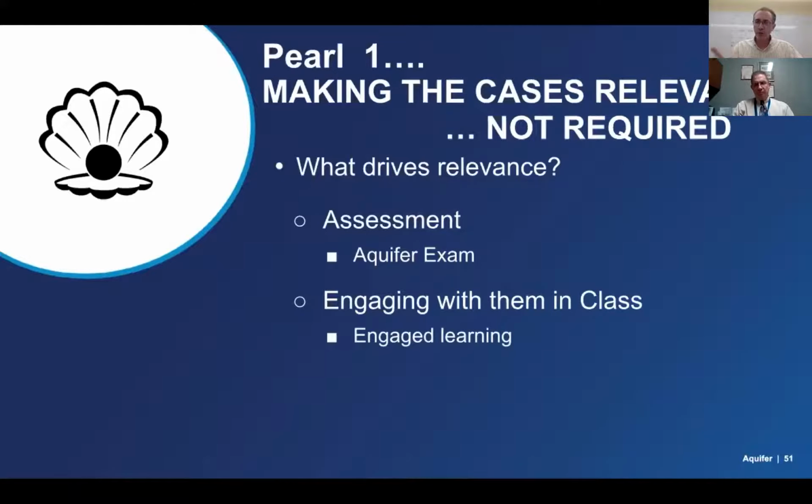Over the course of a whole rotation, a large number of the Aquifer cases end up assigned as pre-work to come to class prepared. Of course, they're not required. Like I said, I don't require them, but it helps the class go forward, and it's efficient for the students if they come prepared, because they're both going to be able to engage in the discussion well, and they're going to be studying for their exam.